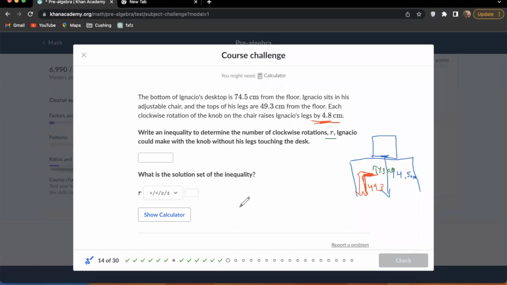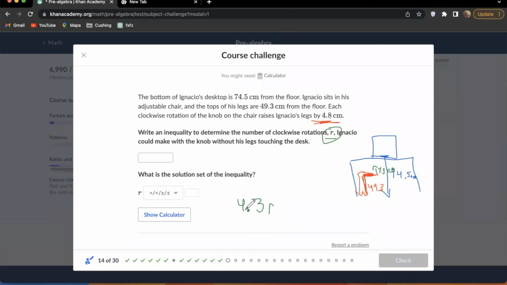So if we're going to do 4.3 centimeters per twist, and I think R is per rotation, we're going to get closer by 4.3 centimeters per rotation. So I'm going to take 4.3 and multiply that by R, which is the number of rotations. The inequality is the number of rotations he can do.